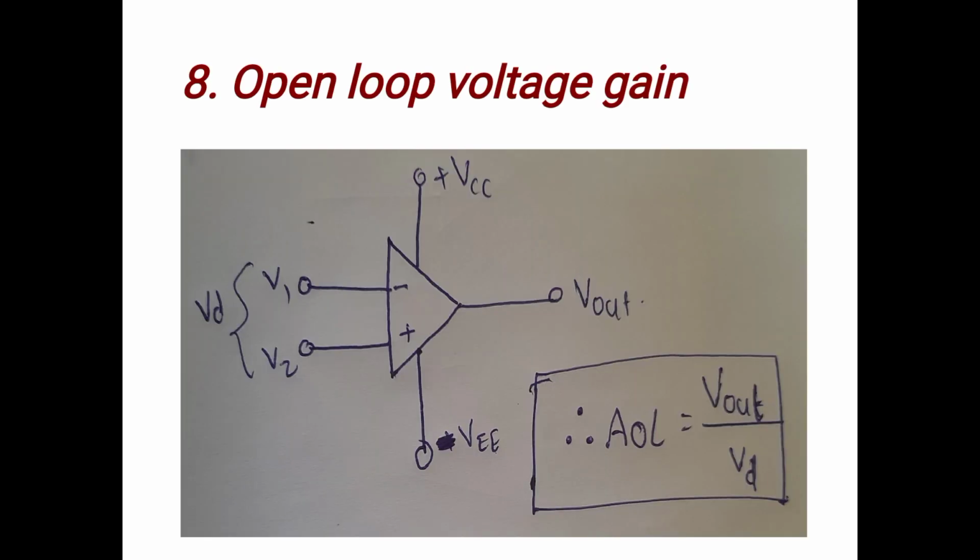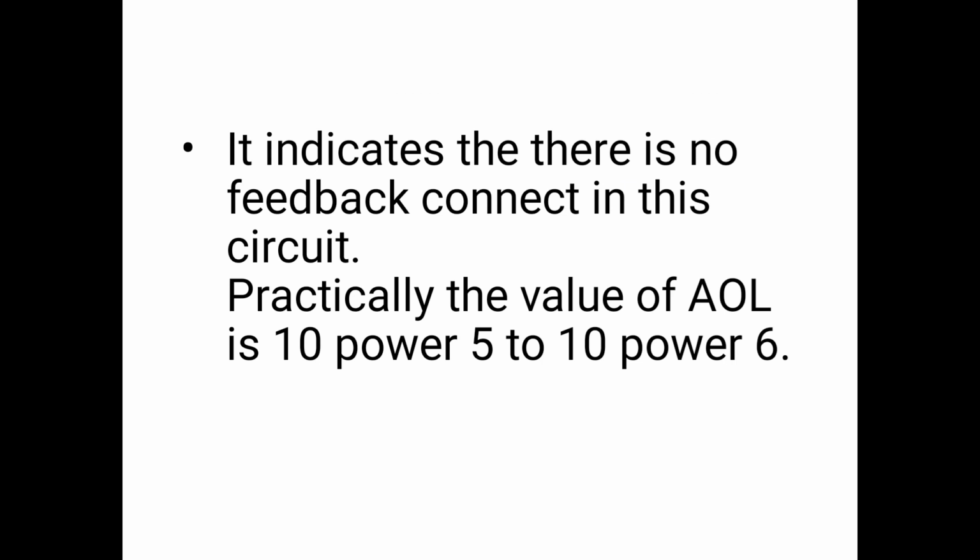Eighth one, and finally open loop voltage gain, and this was the circuit diagram of the open loop voltage gain. Here V1 and V2 are the inputs, and Vout means output voltage.